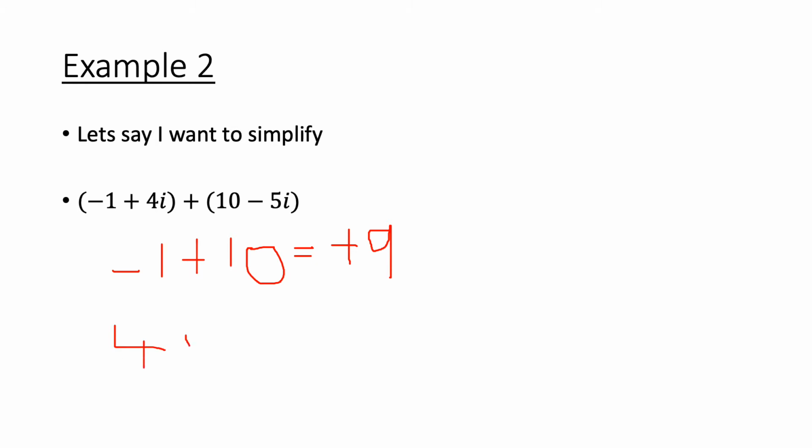And 4i add minus 5i is equal to minus 1i, or minus i. So we're going to have 9 minus i. Okay, so that's the second one done, guys.